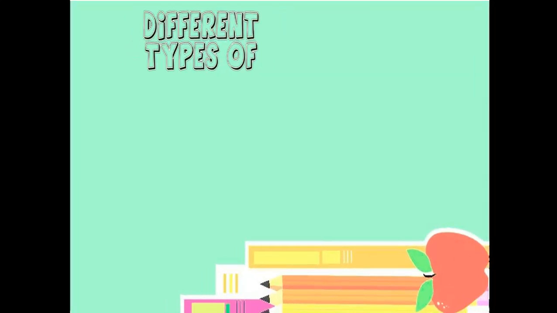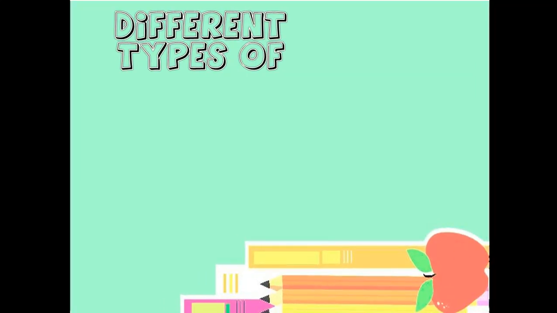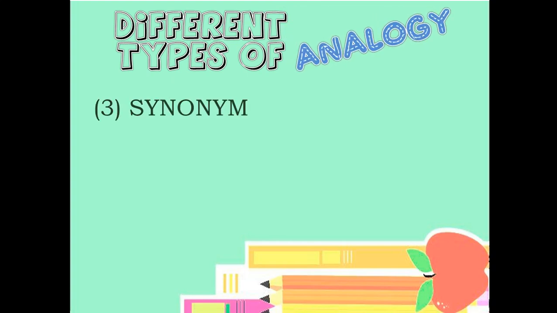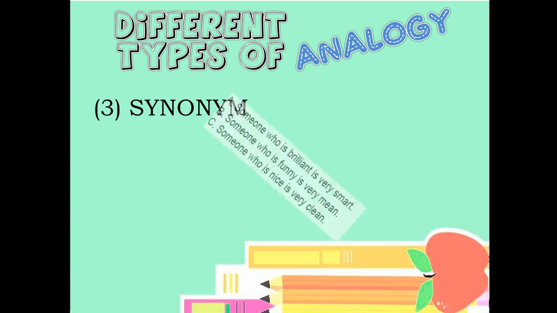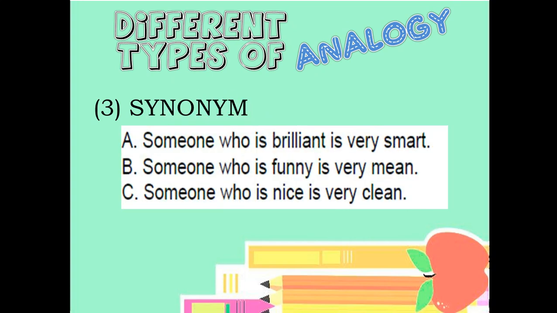Let's proceed to another set or another type of analogy. It is synonym that we already used in our previous activity. Now, let us identify which of the statement has synonym as relationship in analogy. Letter A, someone who is brilliant is very smart.